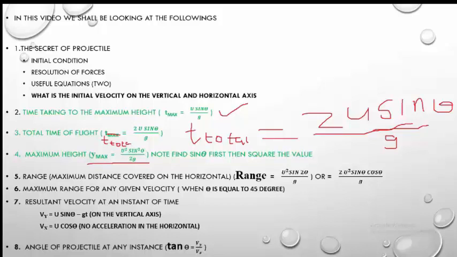How do we arrive at this equation for this fourth part? So you know, because we are talking about distance to the maximum height, then we take the second equation of motion. This equation of motion that says S is equal to ut plus half a t squared.